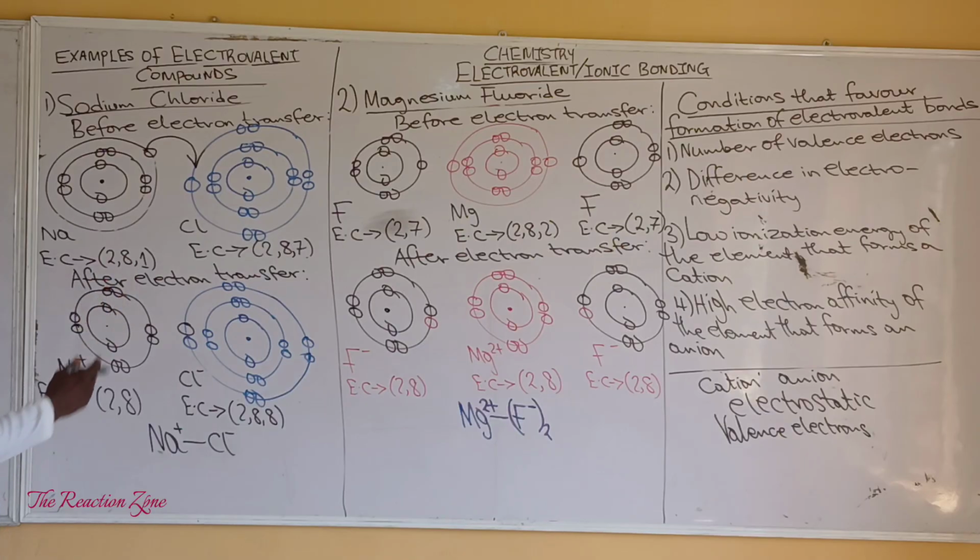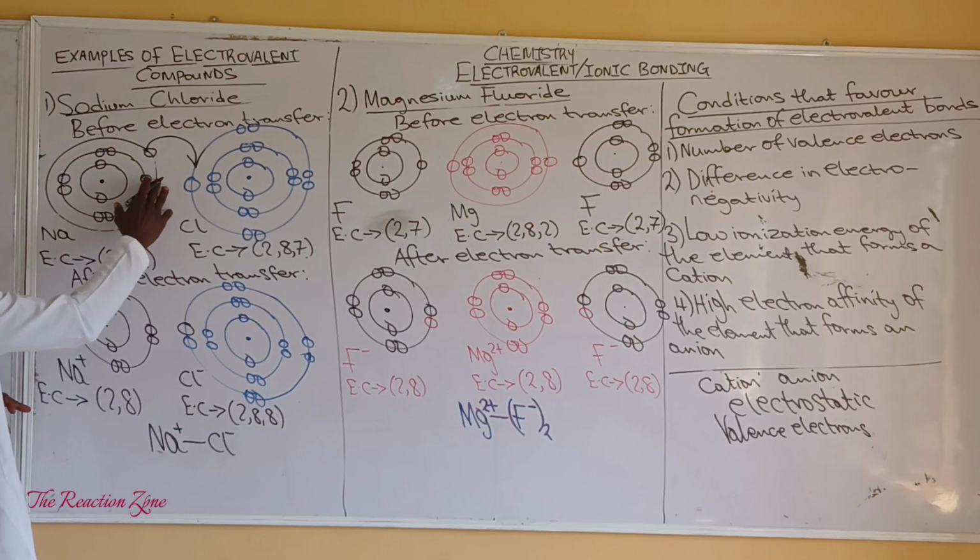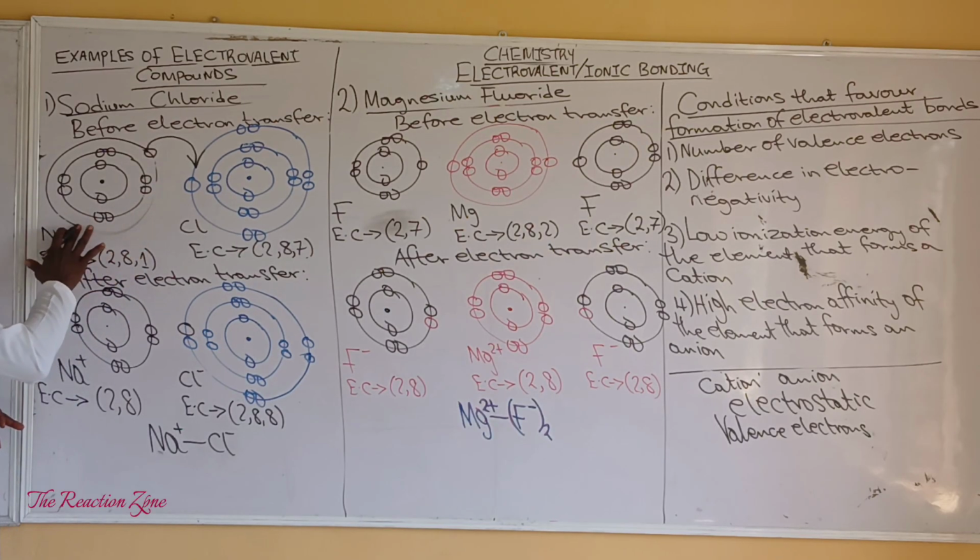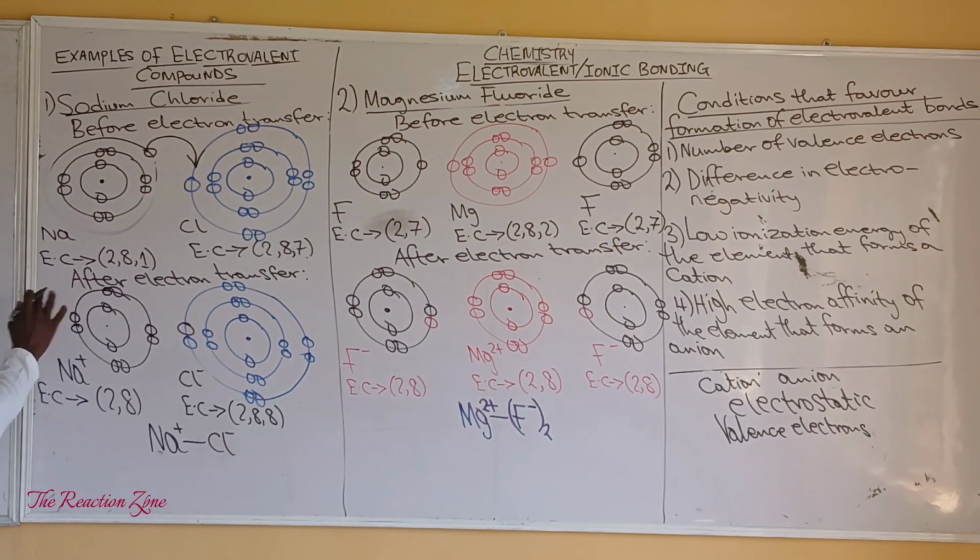And when it does that, it becomes a sodium ion. And not just that, when it does that, the outermost electron shell is no longer going to be this, but will be this one here. Also, the electronic configuration changes and becomes 2,8, meaning that the sodium ion now has 8 electrons in its outermost electron shell.